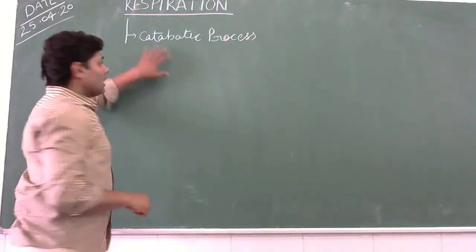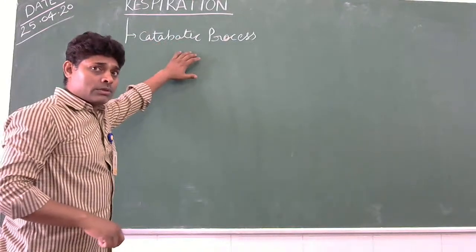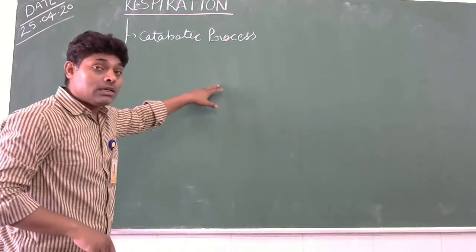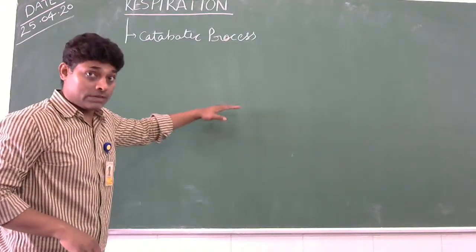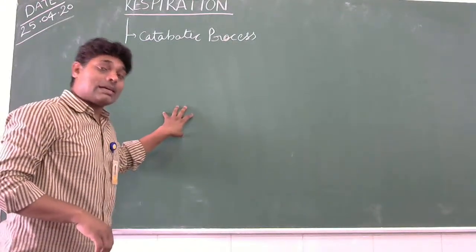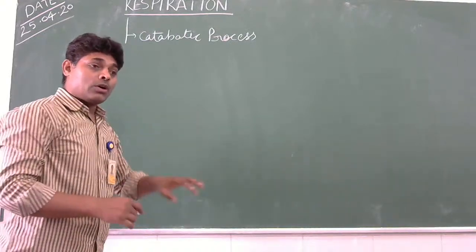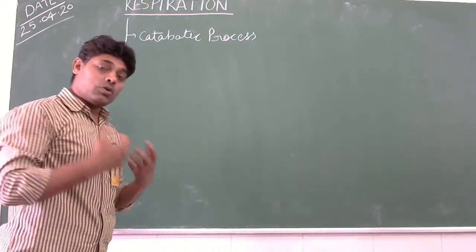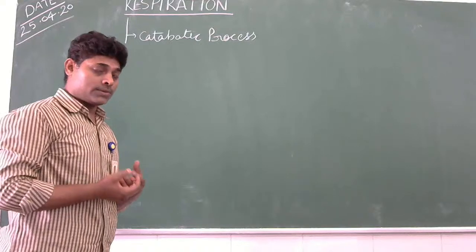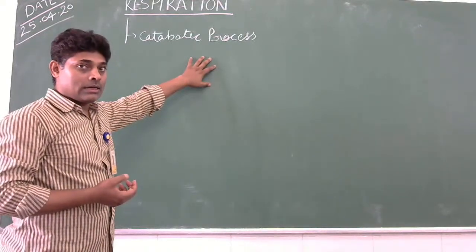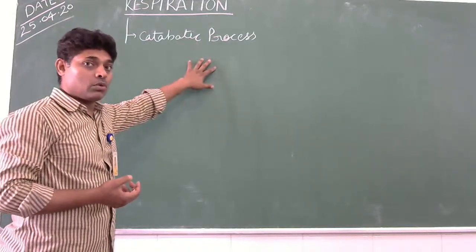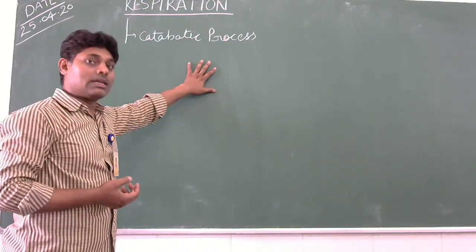Okay. Catabolic means breakdown. Anabolic means to synthesize or to form. Photosynthesis is the anabolic process because it forms the new organic material, that is glucose. Respiration is catabolic process because it breaks the glucose into the carbon dioxide and water.